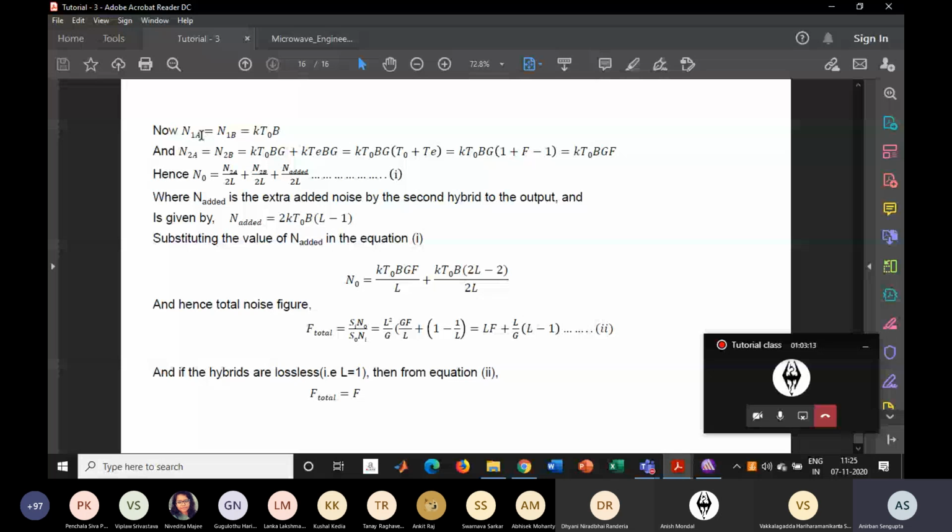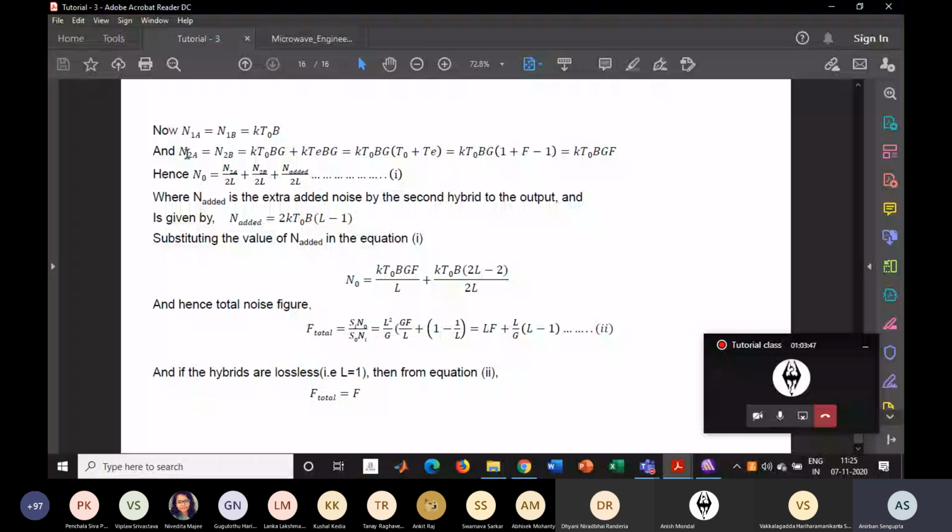Now N2A and N2B, that is after the amplifiers, will be K T naught B into G, the gain factor, plus K Te B G, where Te is the effective noise temperature of the amplifier, which will come out as F minus 1 into T naught. You put the value here, and you will find the values of N2A and N2B, which are also the same.